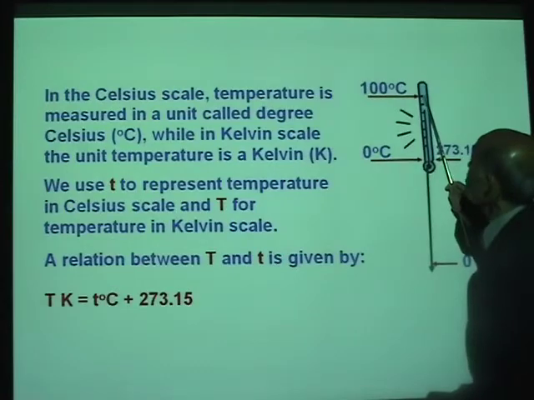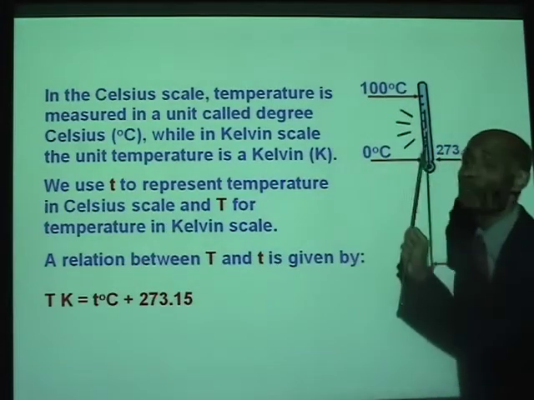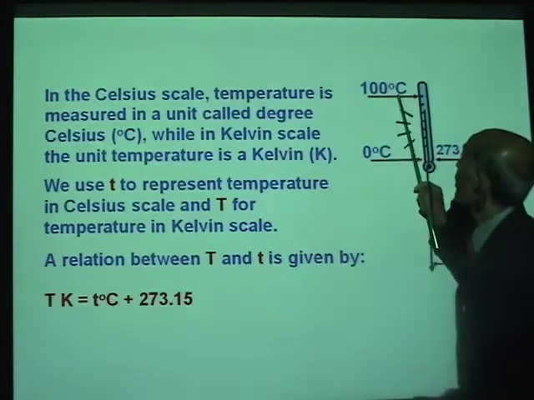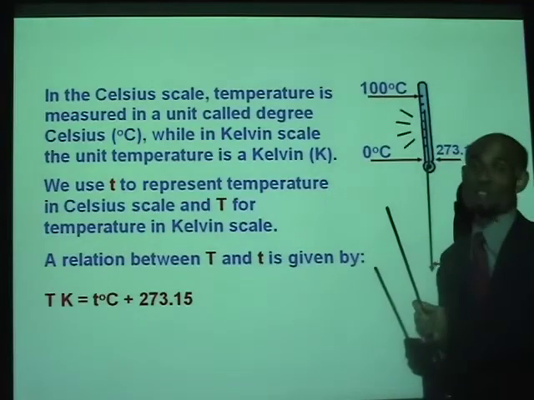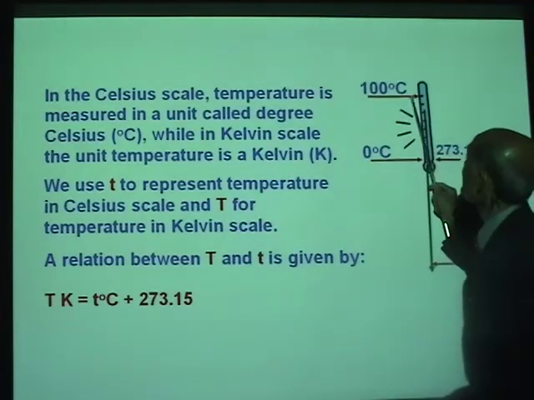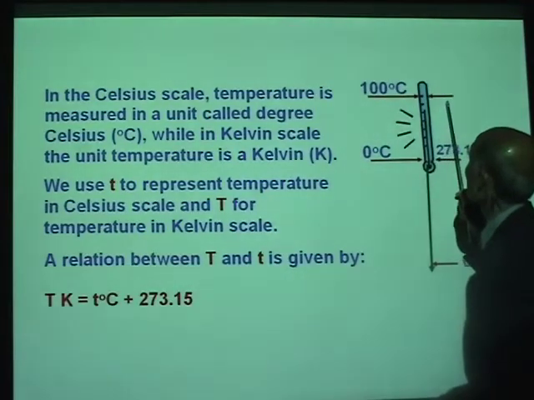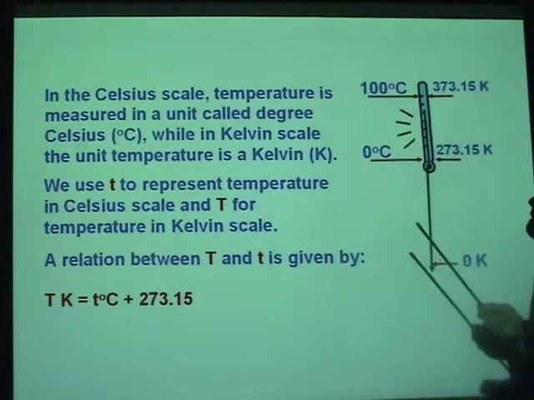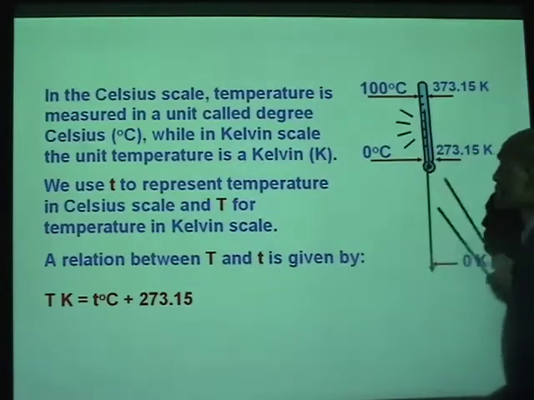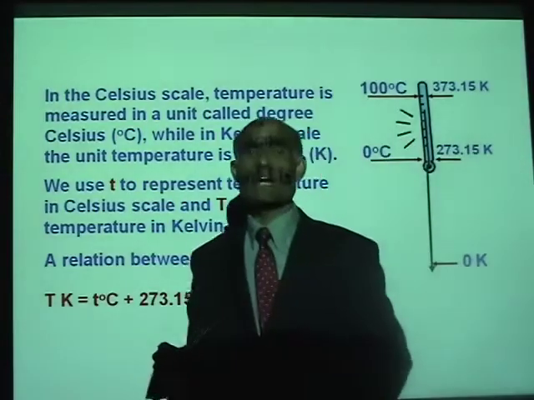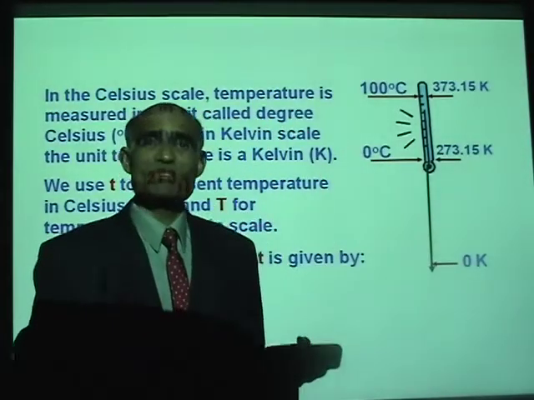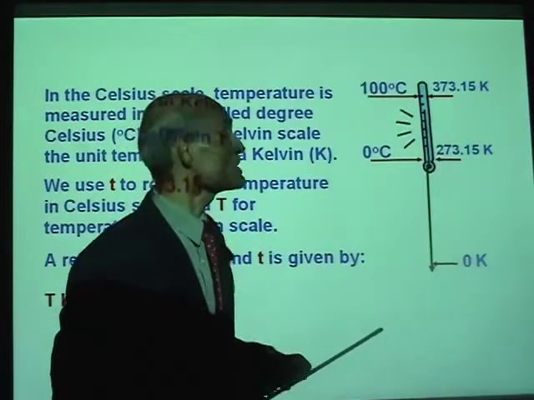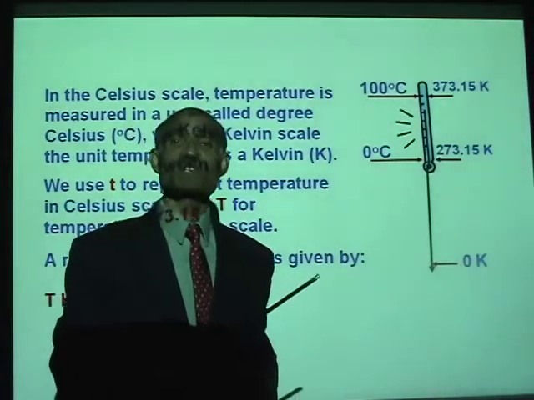The temperature corresponding to boiling water is what is called 100 degrees Celsius. And what is the corresponding temperature in Kelvin? That is 373.15 Kelvin. So this gives us a picture of the relation between temperature measured in degrees Celsius and temperature measured in Kelvin.